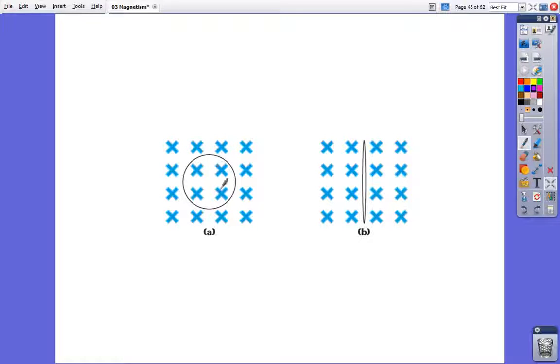If there is a change in magnetic flux from 4 to 0, so it will be decreasing, it will create EMF inside the loop. So from 4 to 0, there is a change in magnetic flux. Inside this loop there is a current, an induced current.